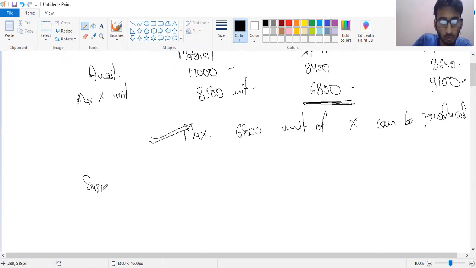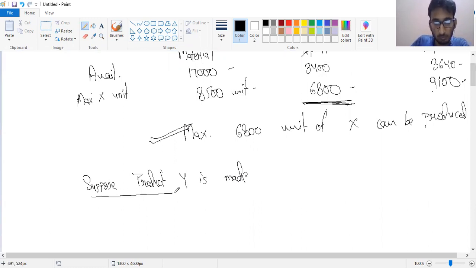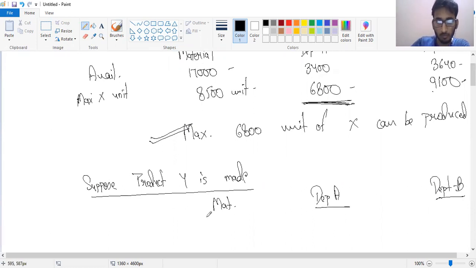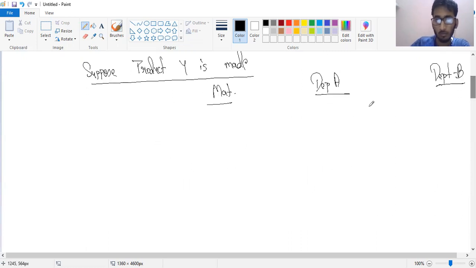Now suppose product Y is made. Same thing, material, department A and department B. What is the available?